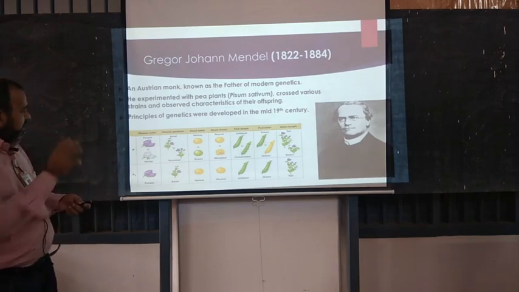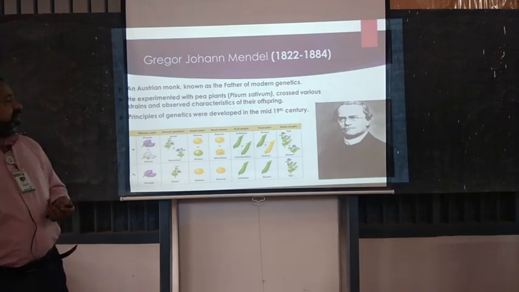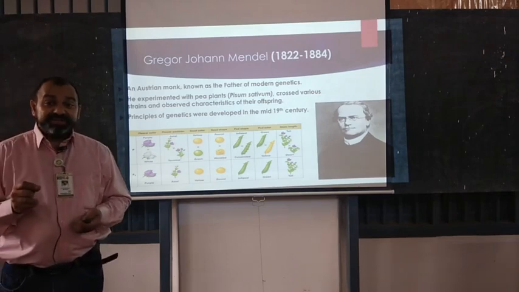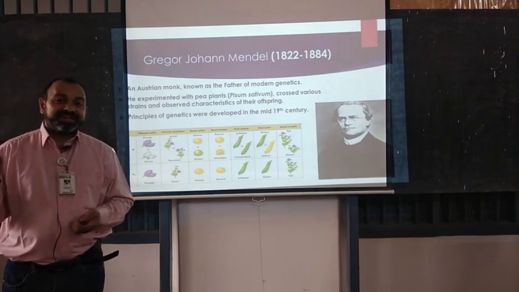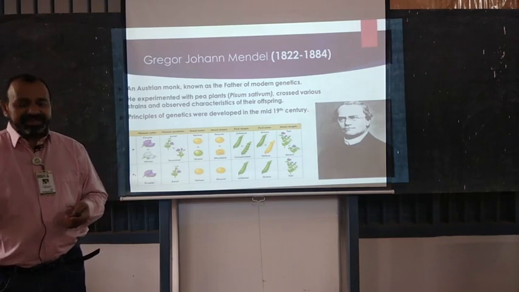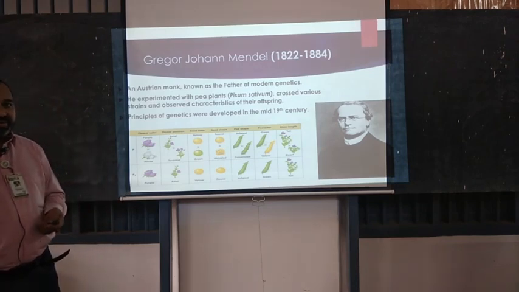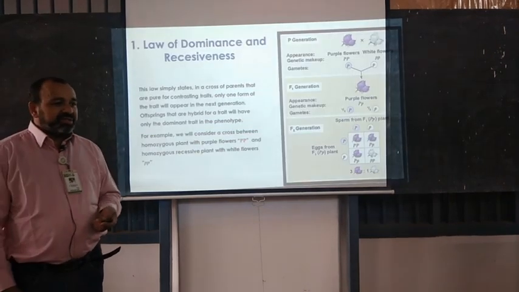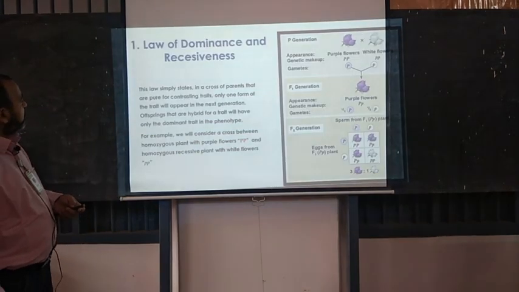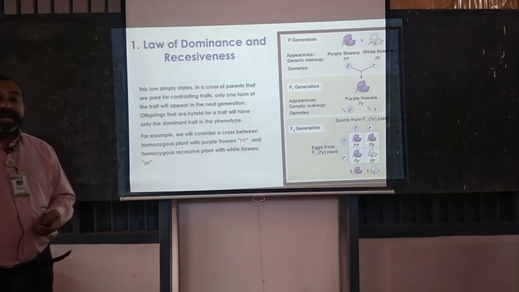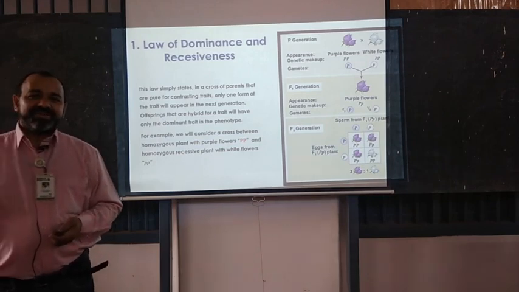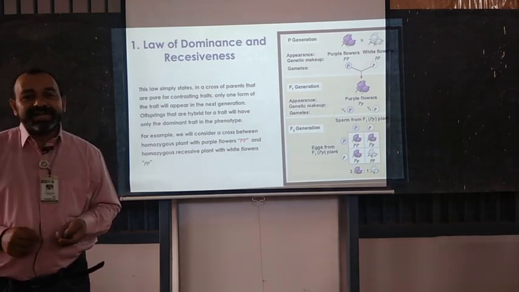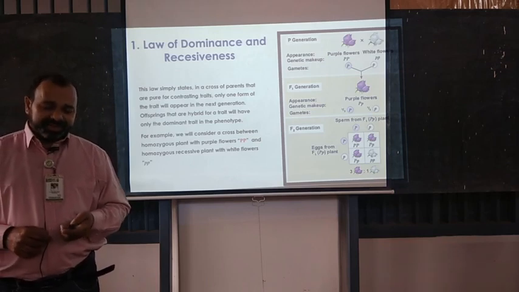So these 7 distinct pairs of characters were taken by Mendel for his experiment, and he could devise the 3 laws of inheritance. So the first law is known as the law of dominance and recessiveness.